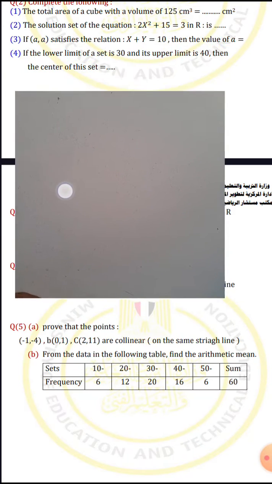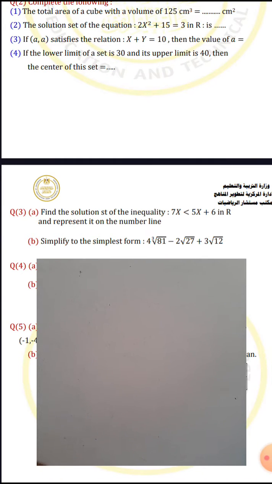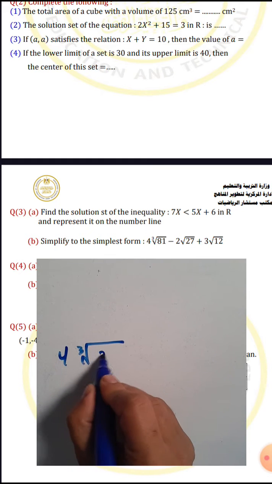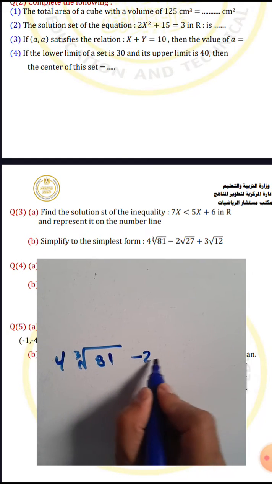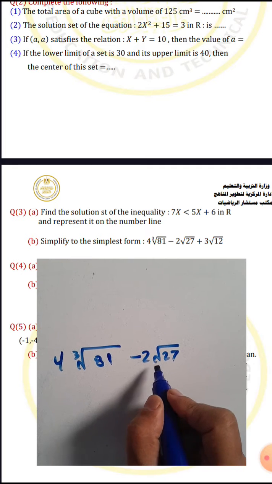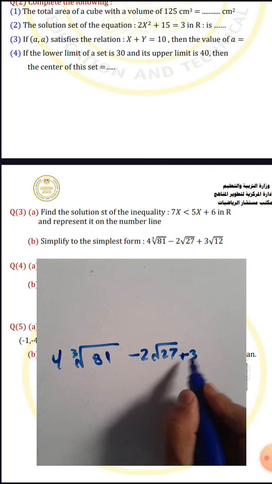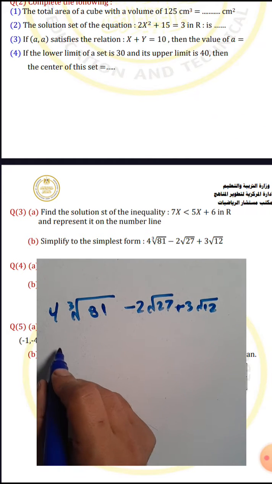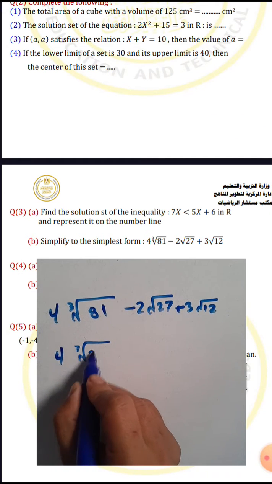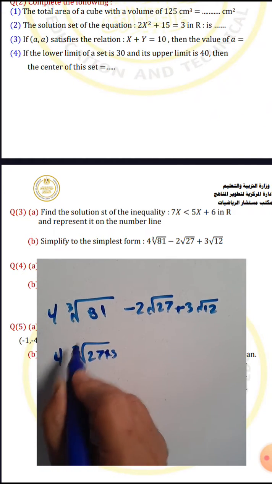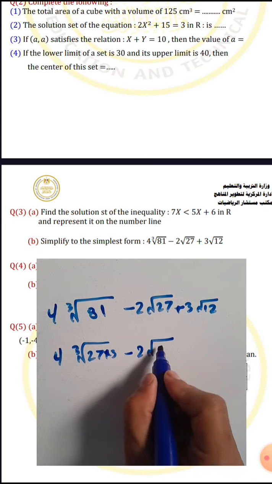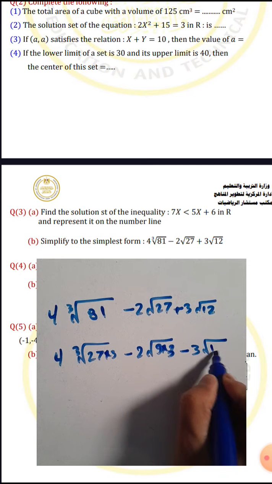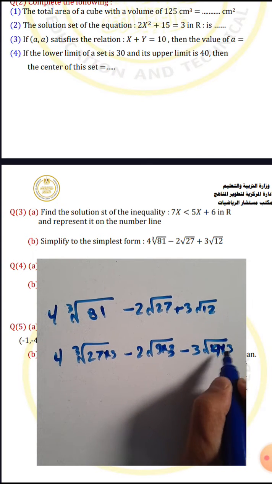Next example, simplify this expression: fourth root of 81 subtract 2 square root of 27 plus 3 times square root of 12. We write here 81 is 27 times 3, and 27 is 9 times 3, and 12 is 4 times 3.